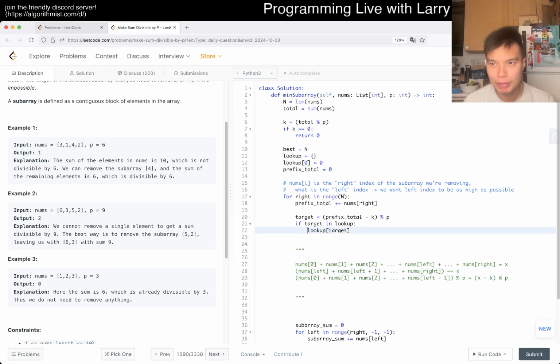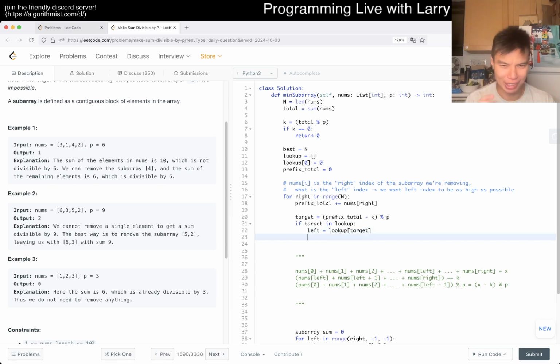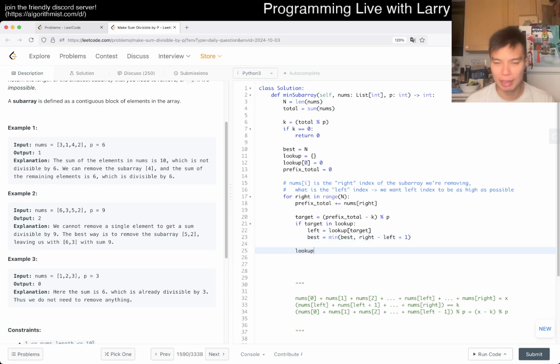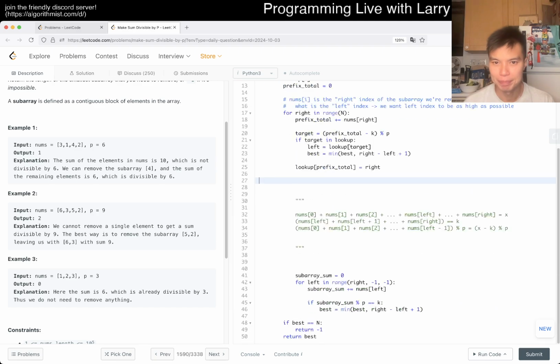So either this or this plus 1, I have to check again. And then now we can do max is equal to min, best, right minus left plus 1, and then that's it. After that we update lookup with the prefix for the current index. That's pretty much it.